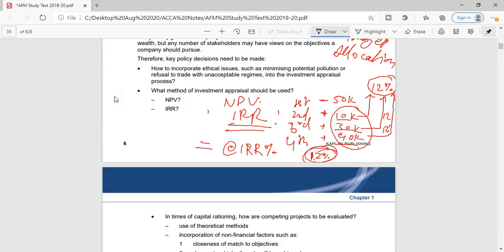Now, your cost of capital at which the bank has financed you should be lower or higher than IRR? Because IRR is the rate at which the financial decisions are made. So that should be lower. The bank has to finance you at the lower rate, otherwise you'll be at a loss.